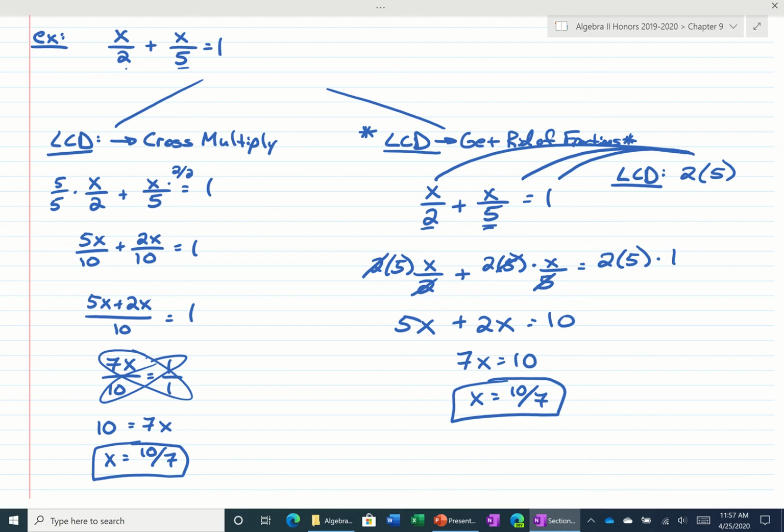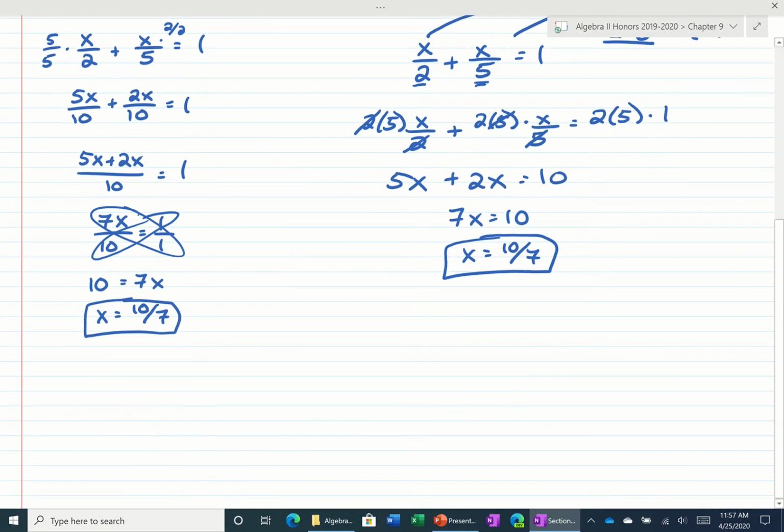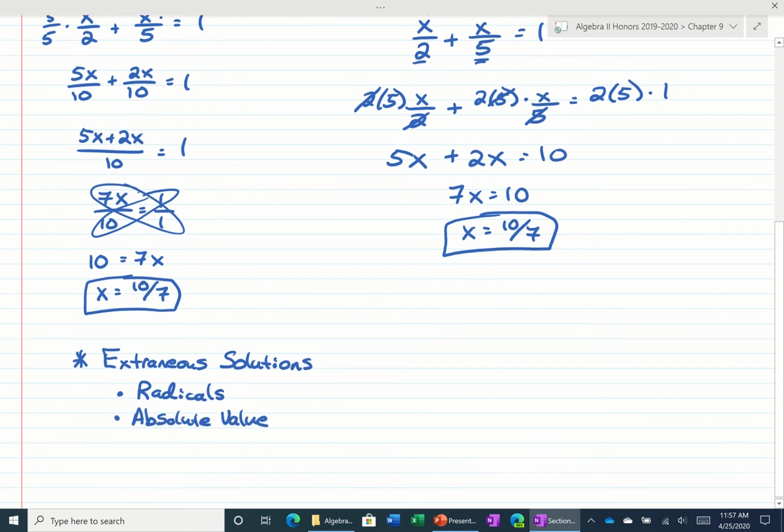All right. One other thing you want to check is you want to make sure that you check for extraneous solutions. And what that means is it's possible to do all the algebra right, but when you get an answer, it might not work. If you have radicals, we saw extraneous solutions. If you have absolute value, we saw extraneous solutions.